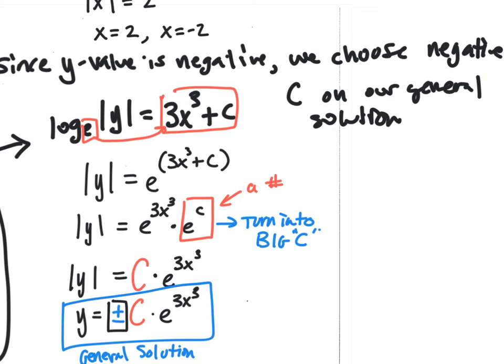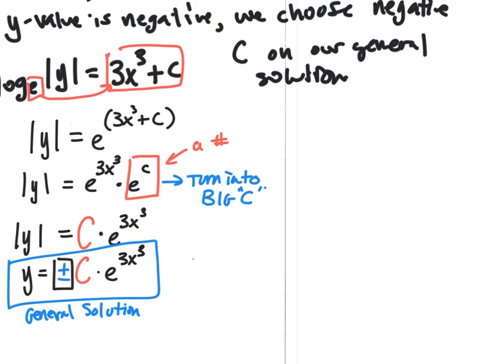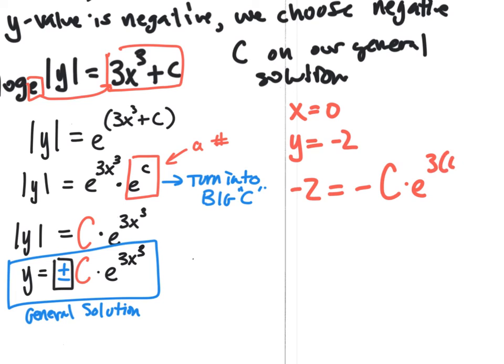So now let's go ahead and plug those in, okay? I've got 0 for x, negative 2 for y. So if I plug in x equals 0 and y equals negative 2, what I'm going to get here is negative 2 is equal to negative big C times e to the 3 times 0 cubed power, okay?